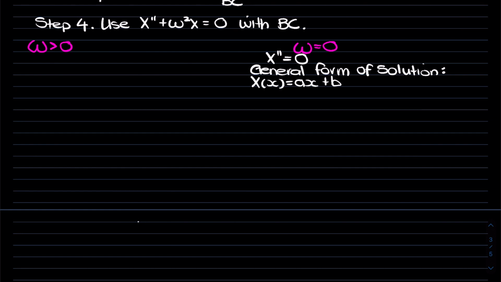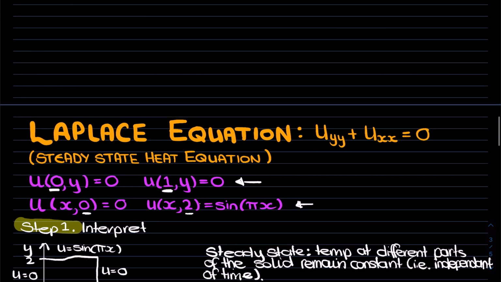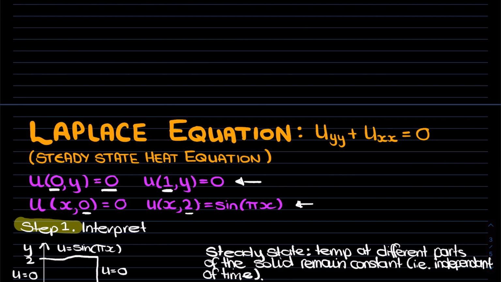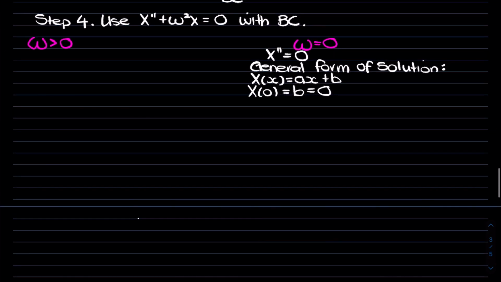If we put in those boundary conditions for x of 0, we're going to just get b because that first term's going to vanish. And according to our boundary conditions up here, it has to equal 0. So we know that b equals 0. So if we put in our next condition, x of 1, for b equals 0, we're just going to get a times 1.